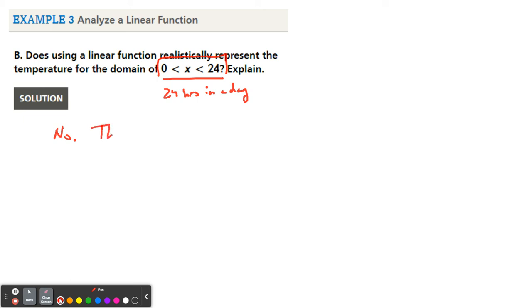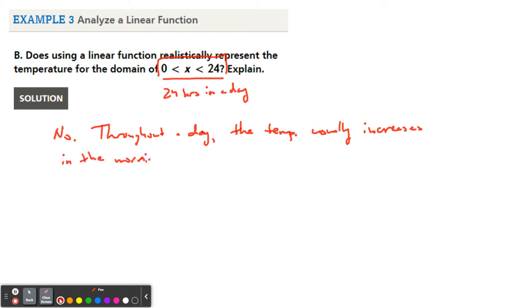And we're going to say throughout a day, the temperature, I'm going to abbreviate temperature, TEMP, usually increases in the morning hours, stays the same in the afternoon, so it levels out, right?